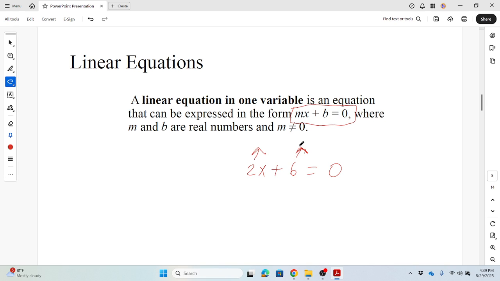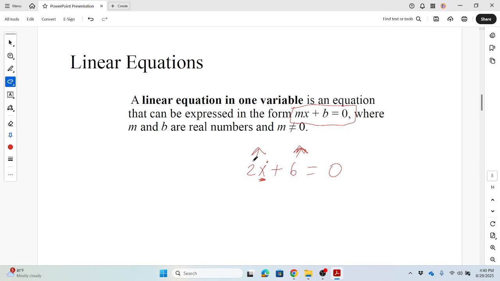The only unknown thing is this x. This is called the variable. This equation is linear because x has power 1. So linear means the unknown variable is supposed to have power 1. Okay, that's the linear equation.